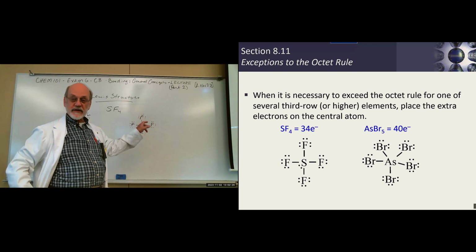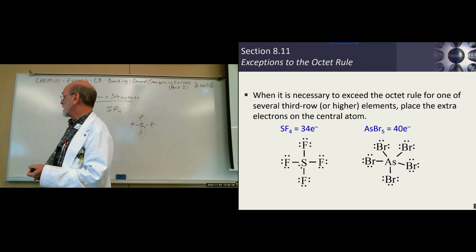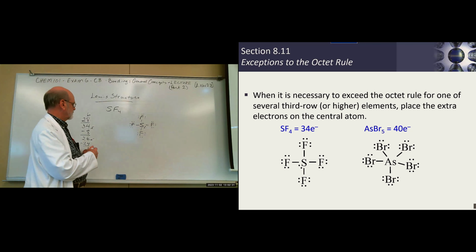Now the explanation for this one is, at our level, fairly simple. Look where sulfur is. Sulfur is in the third period. It has 16 electrons, right?